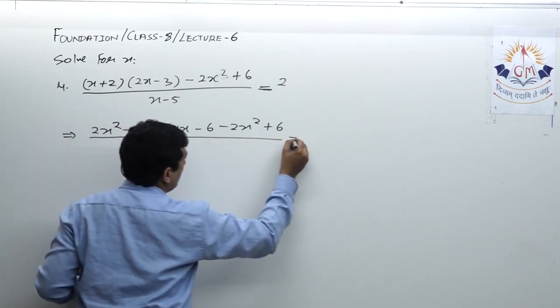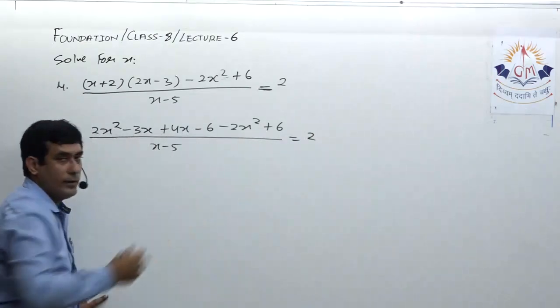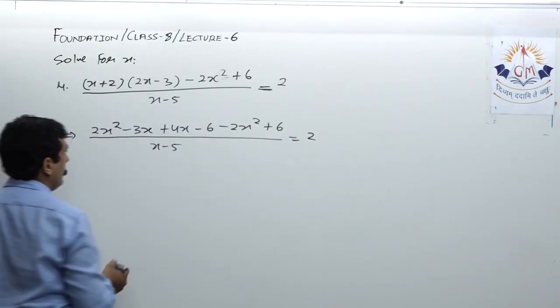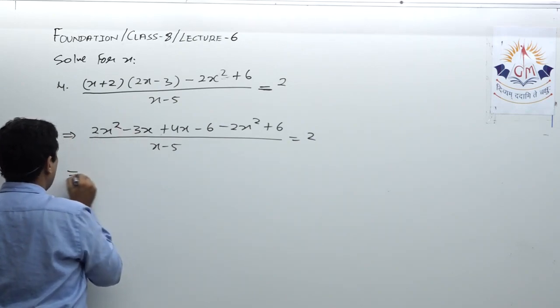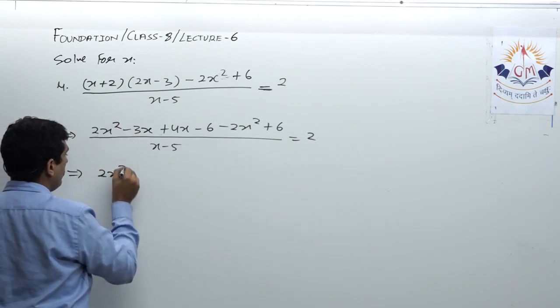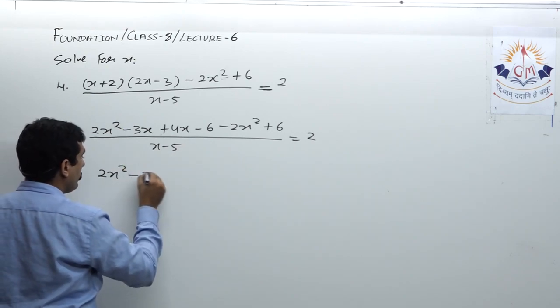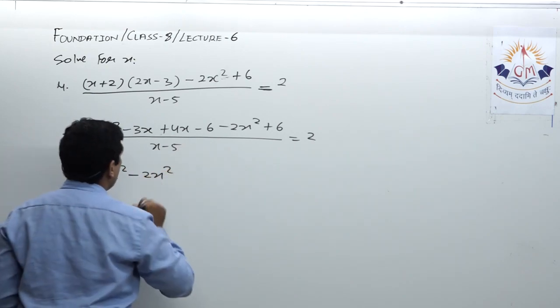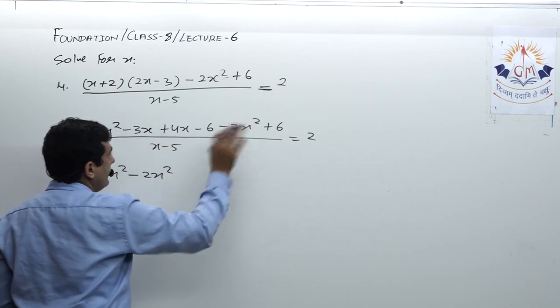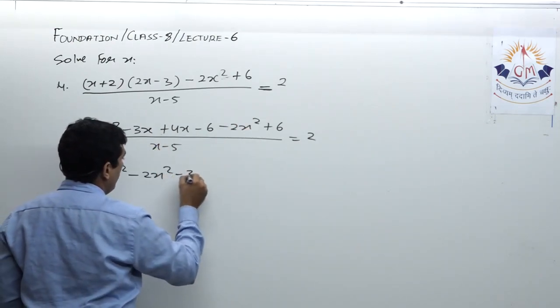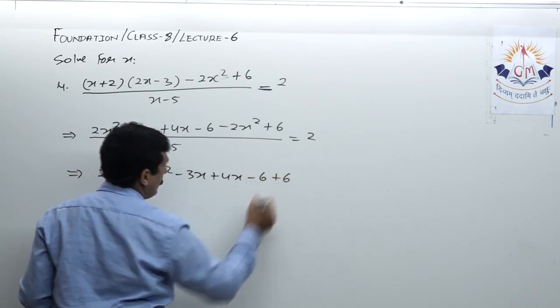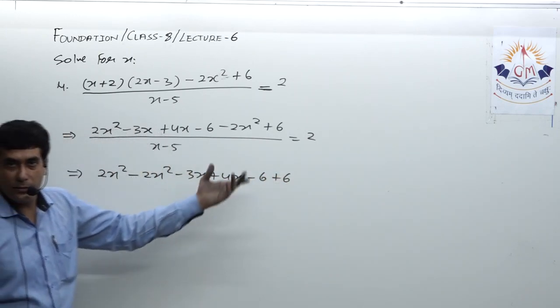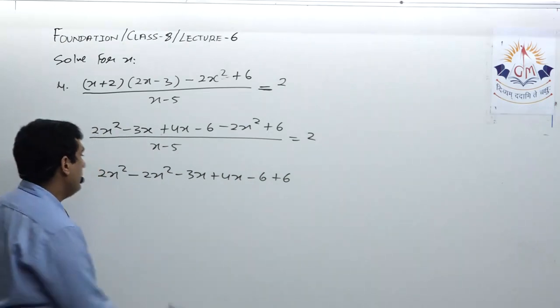Although I have to take this x minus 5 on the right hand side, but let me simplify the numerator first. So here I will write the like terms together, 2x square, minus 2x square, but I have already started, so I am writing, otherwise I can cancel these two directly. Then minus 3x plus 4x, minus 6 plus 6. Again here plus 6 and minus 6 can be cancelled out directly.